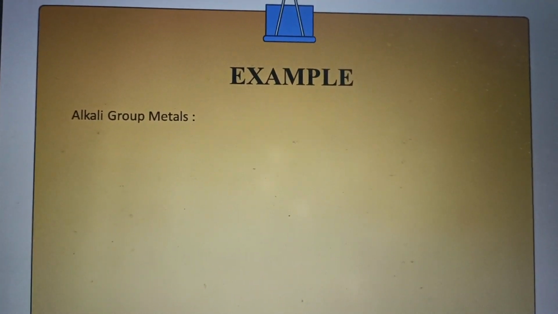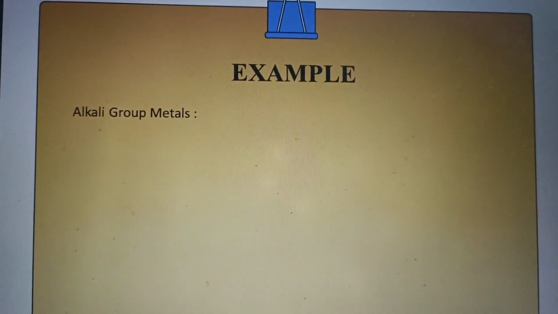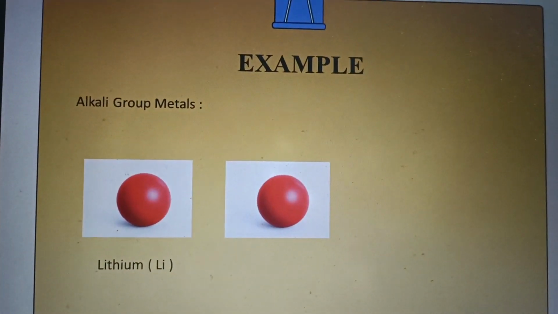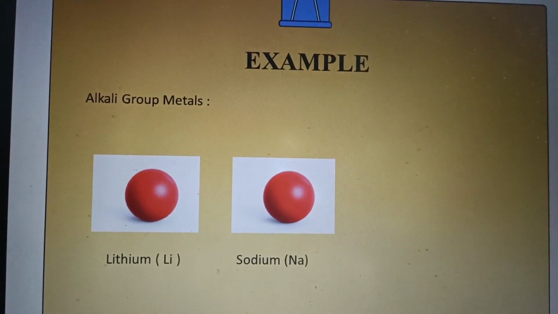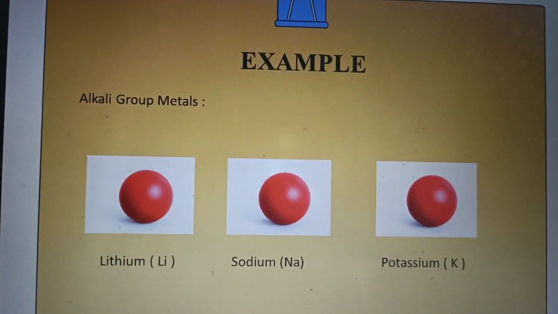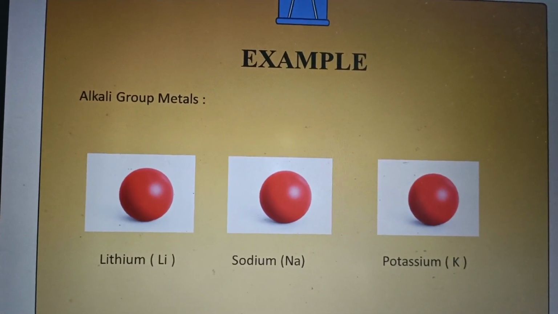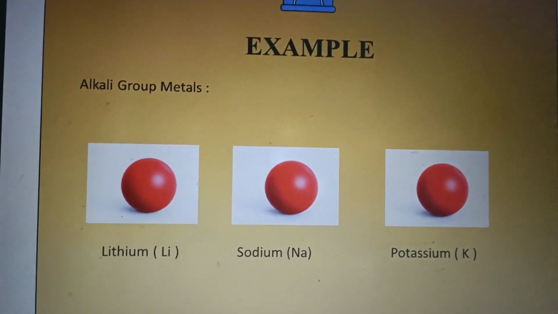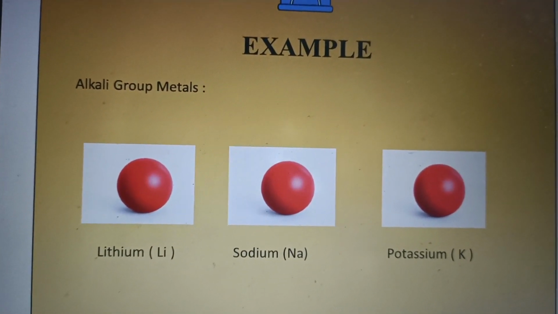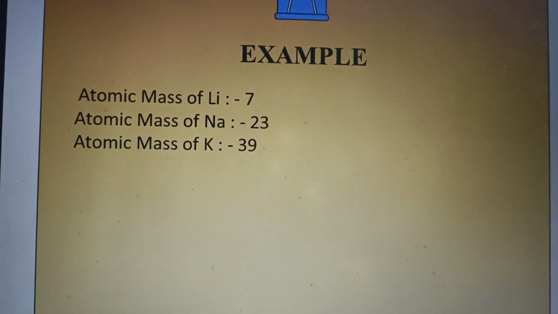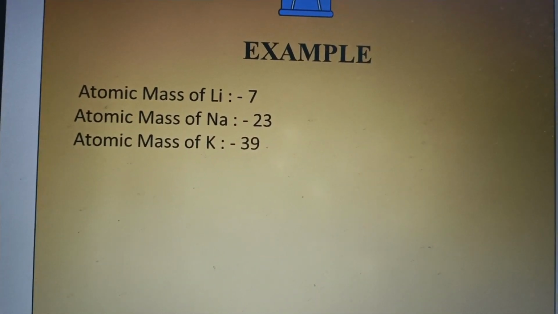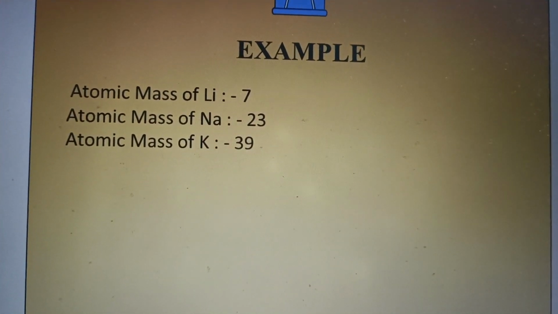I have taken alkali group metals, which contain lithium Li, sodium Na, and potassium K. So let's see how he classified these and made Dobereiner's law. I told you in the start that he arranged them in increasing order of their atomic masses.